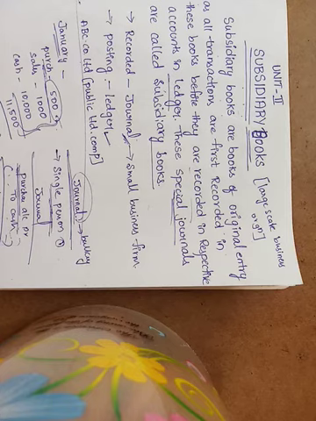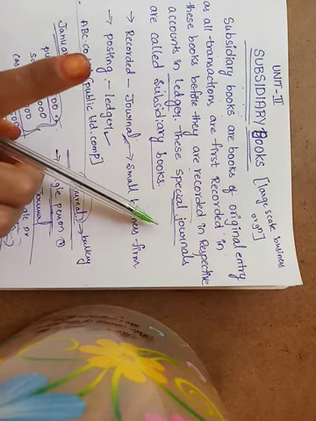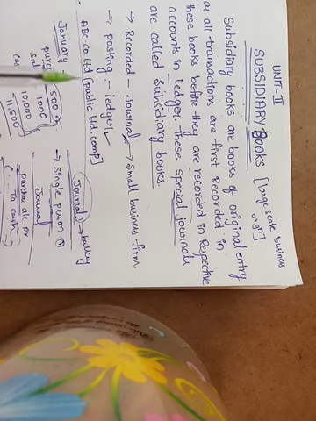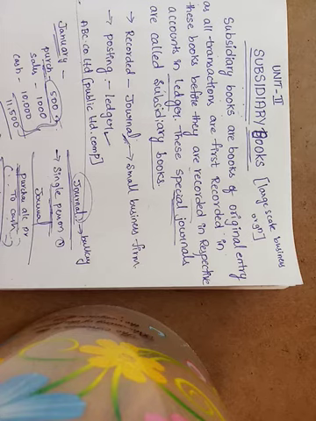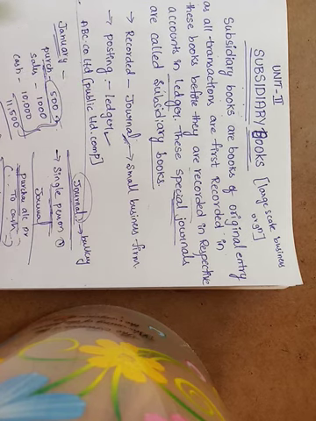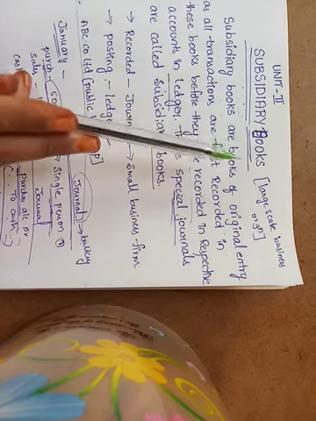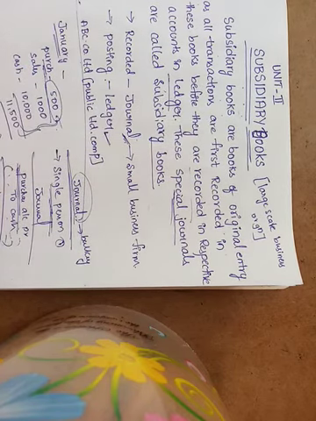Under the system of subsidiary books, instead of maintaining only one book of original entry called the journal for all types of transactions, we maintain several books of original entry. Instead of maintaining one book, we maintain several books. Those several books are known as subsidiary books.